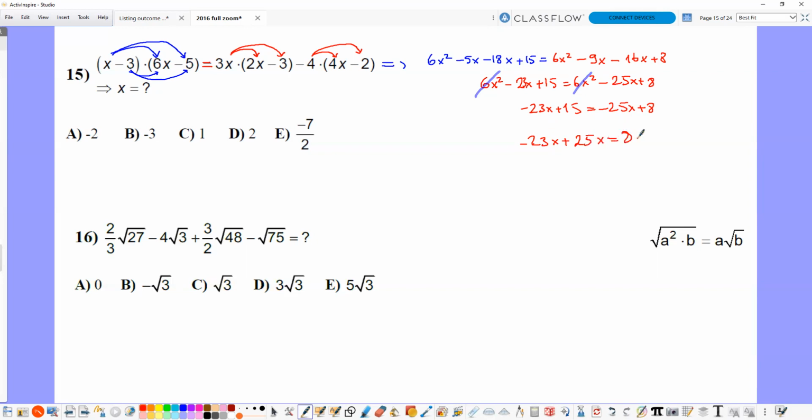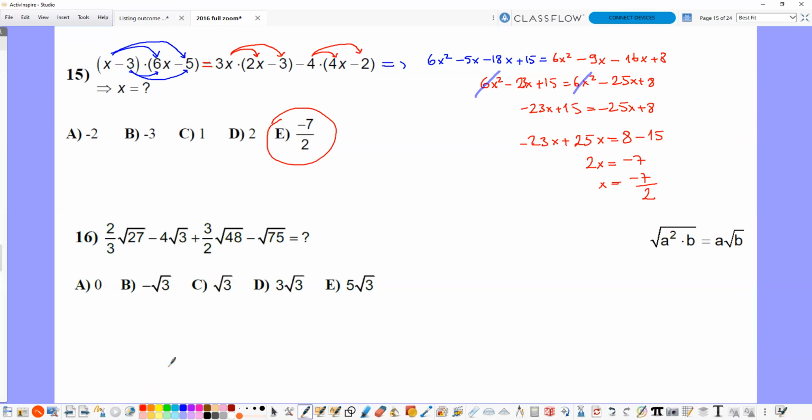It's going to be 8 minus 15, which is 2x. And 8 minus 15, it's going to be minus 7. X is equal to minus 7 over 2, which is equal to E.